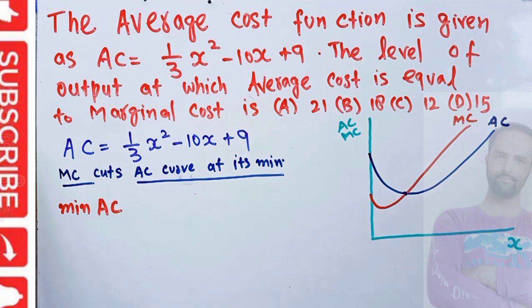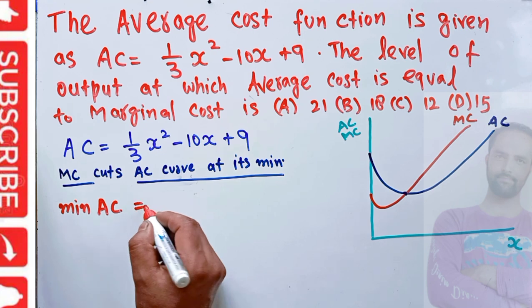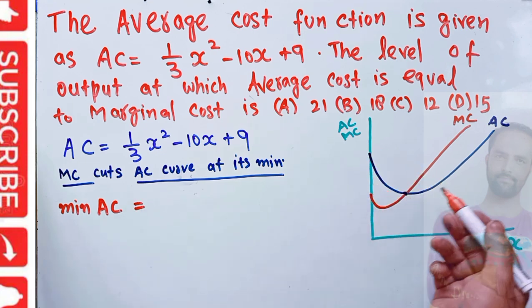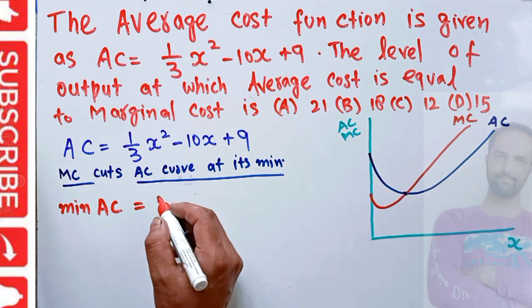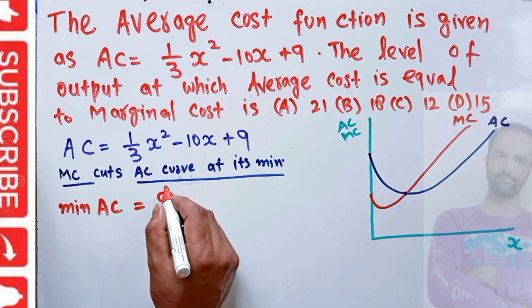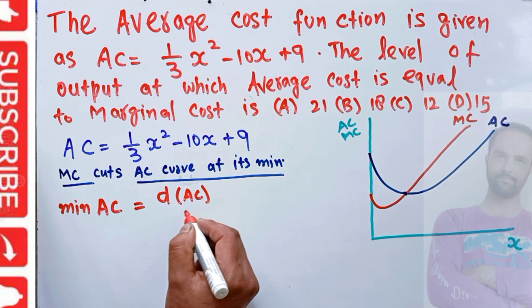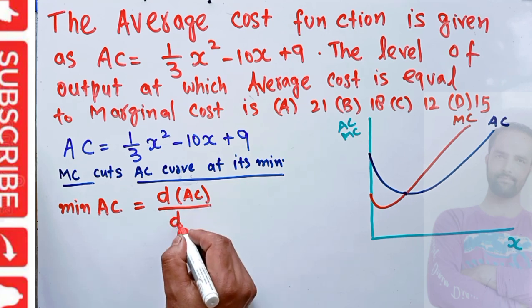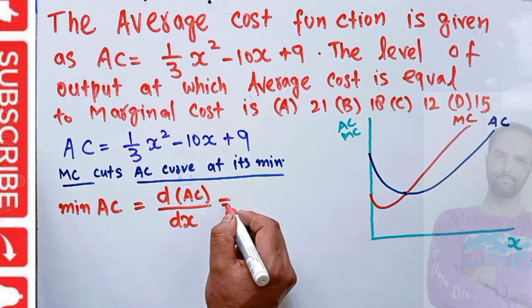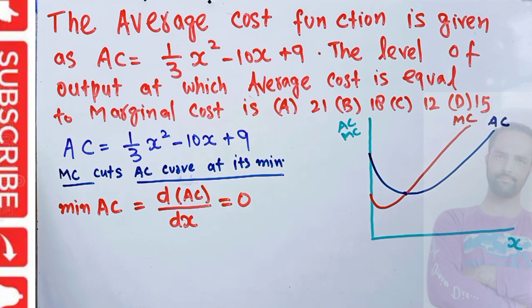The minimum point on AC means we need to find the point on average cost where its slope is equal to 0. That means we need to find the derivative of the average cost function with respect to output and set it equal to 0. So the minimum point on AC is a point where the slope of average cost is equal to 0.